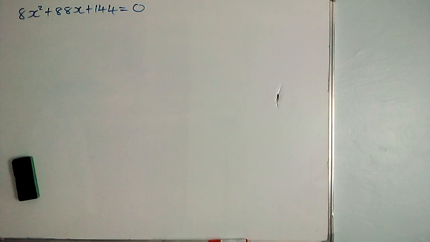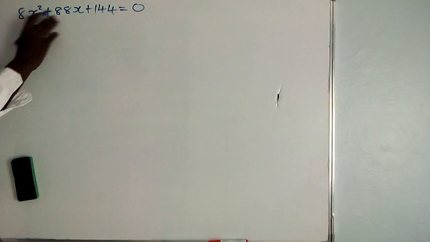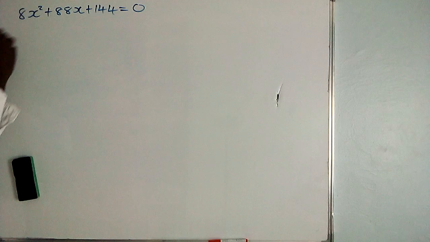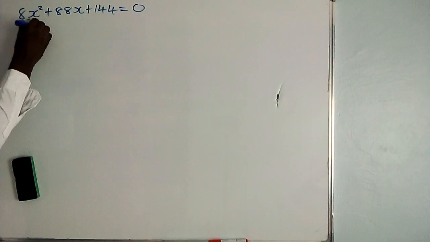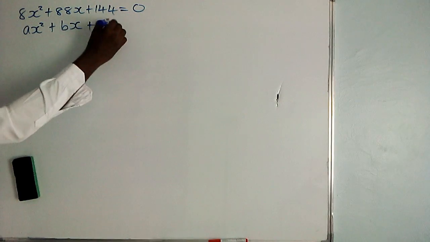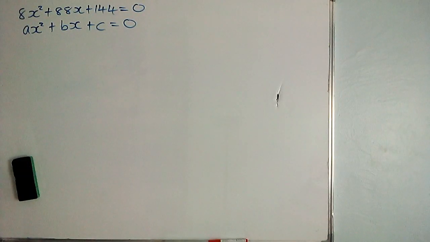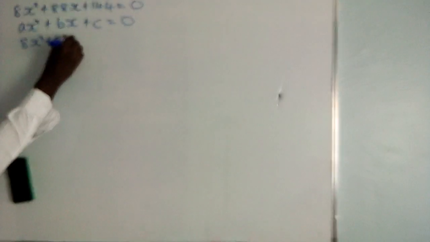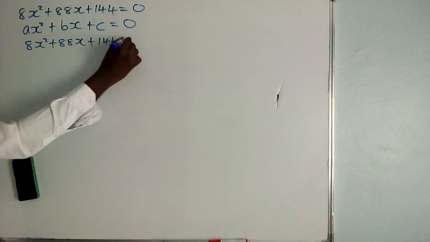For you to use factorization, the first thing you have to ensure is that it is in the standard form of a quadratic equation, isn't it? And the standard form of the quadratic equation is ax squared plus bx plus c equals 0. So our equation 8x squared plus 88x plus 144 is equal to 0 is in that standard form.